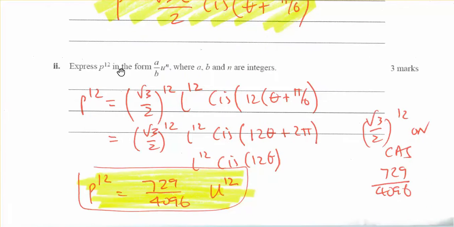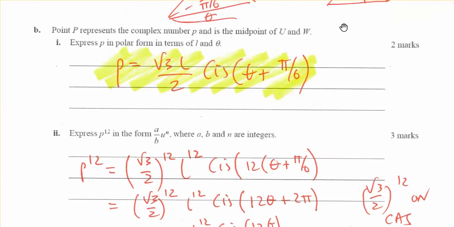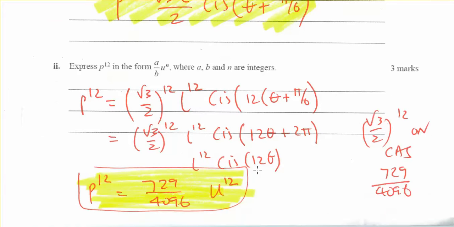Express P to the 12 in this form. Well, I know what P is, it's this. So I'm now going to raise it to the power of 12. So the magnitude, I raise to the power of 12, and I times the angle by 12, remembering that I need to change the angle back into the domain.